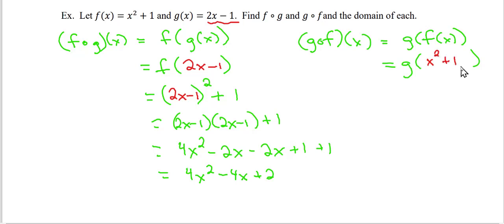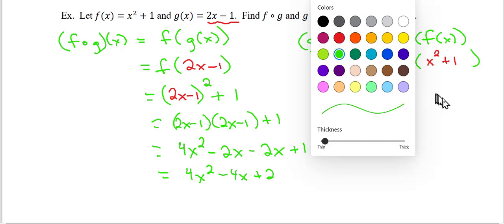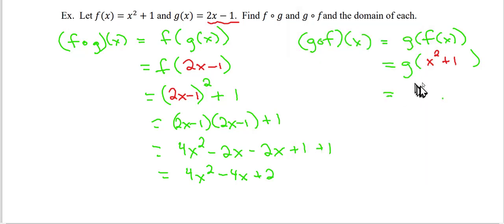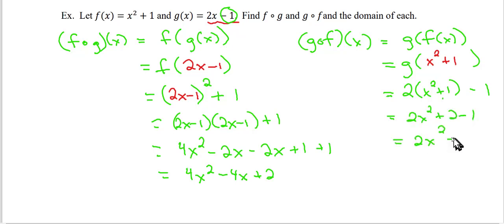So that is what I am putting inside g. That is going to be, all right, g is 2. In place of that x, I'm going to put the x squared plus 1. And then I still have the minus 1 on the end, right? 2x squared plus 2 minus 1 simplifies to 2x squared plus 1.